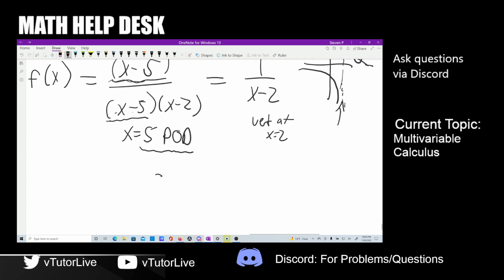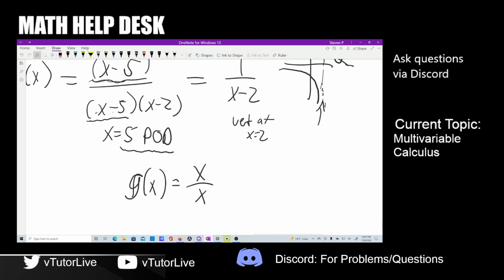To give you a very simple example of this, let's say g of x is equal to x over x. We all know what this function ought to look like. x over x is basically just 1. And as it approaches 0, if you get arbitrarily close but don't touch it, the height of this function is still going to be 1.